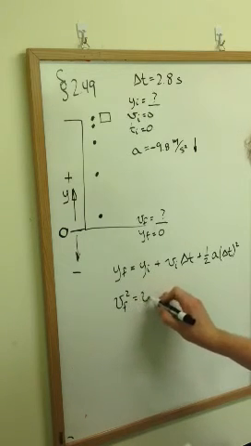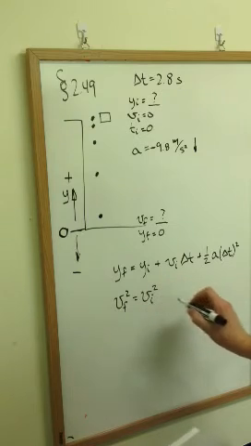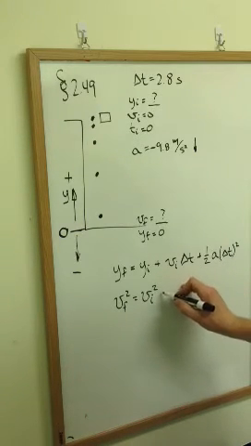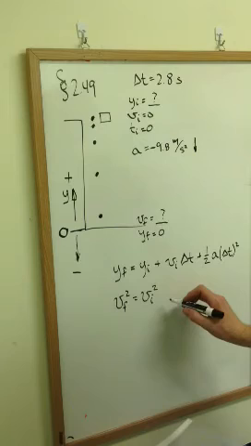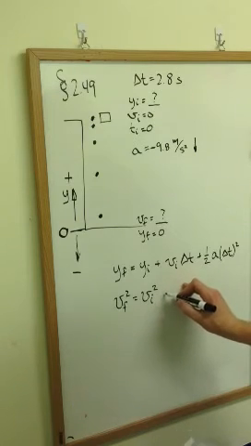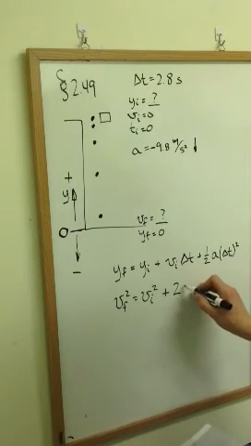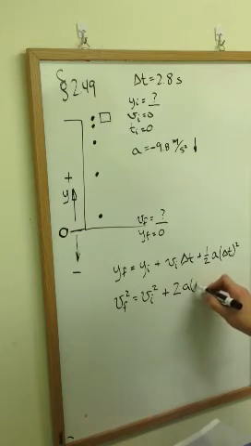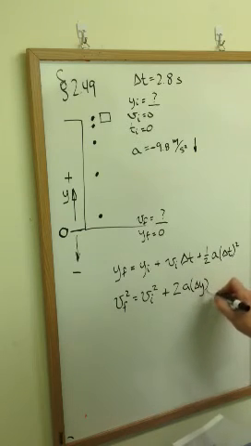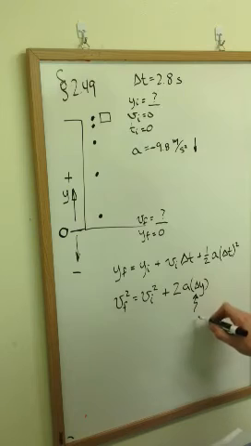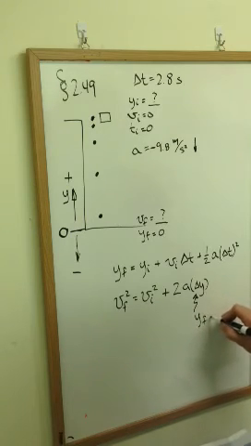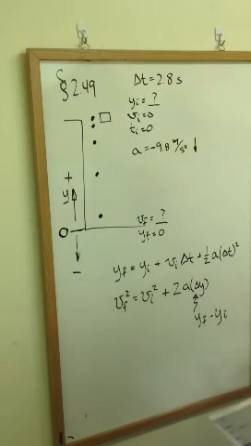Velocity final squared equals velocity initial squared plus 2a delta y. Delta y is y final minus y initial.